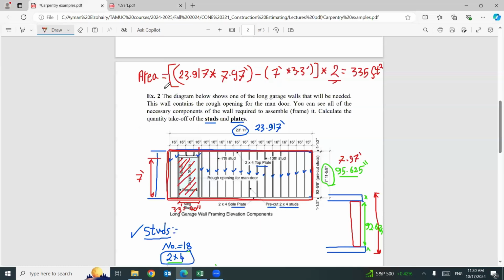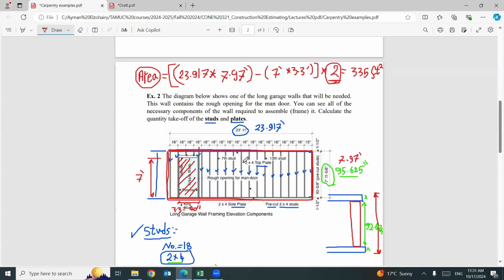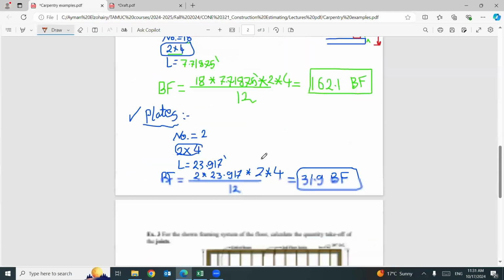Does that make sense? So just to give you a hint, the area of sheathing for the wall is multiplied by 2 because we have 2 sides, this side and the other side. Does that make sense? This is another type of question you may find.